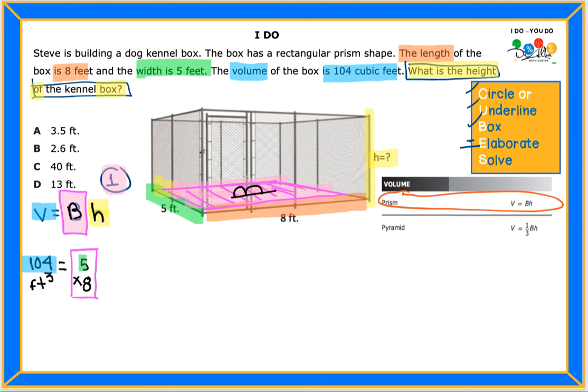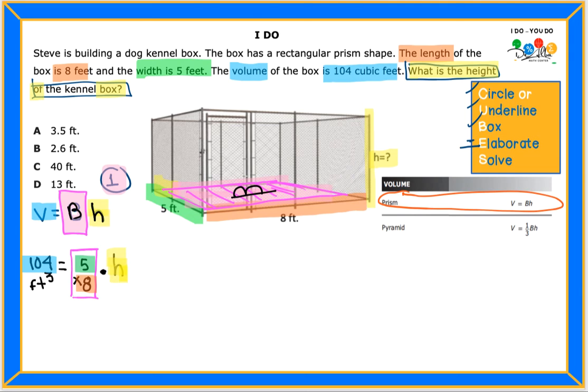The 5 is the width, and the 8 is the length. You see all these values, I'm getting those just from the base right there. And then all of that needs to be multiplied, so I'm going to use a multiplication dot by the height. Do I have a number for the height? Not yet. So I'm just going to keep writing times the height, like that.